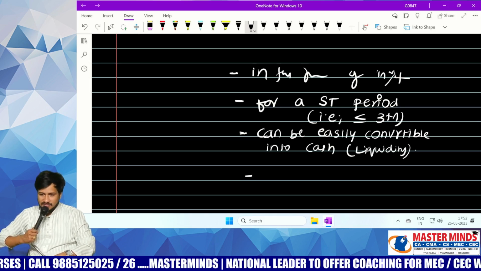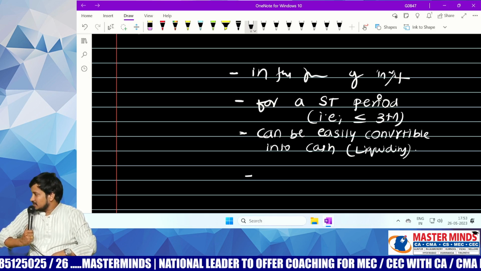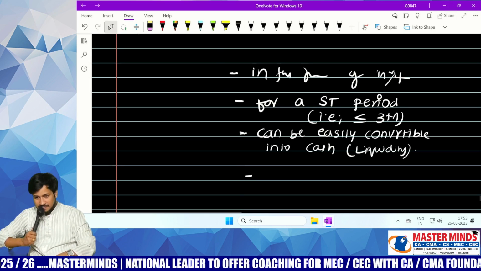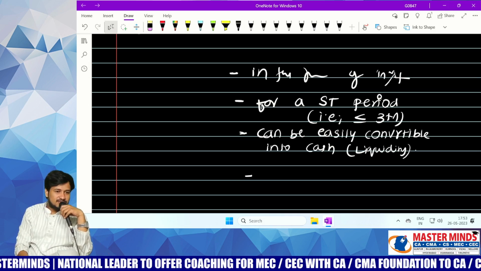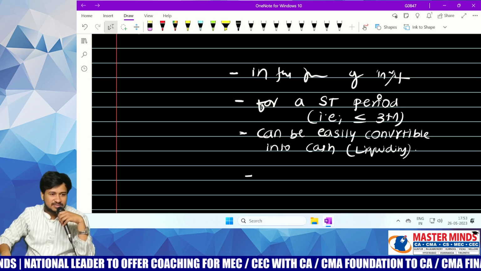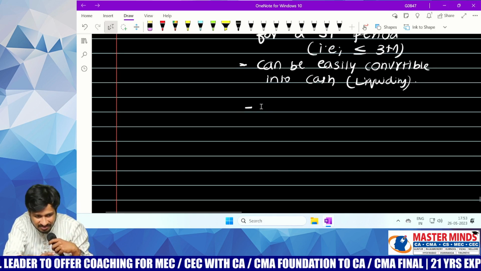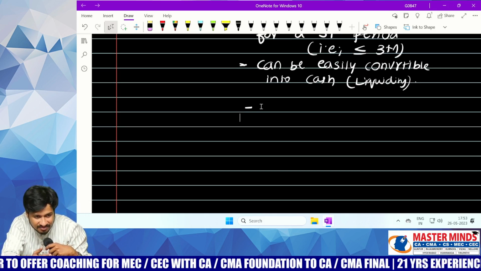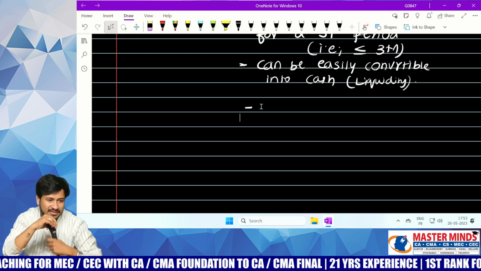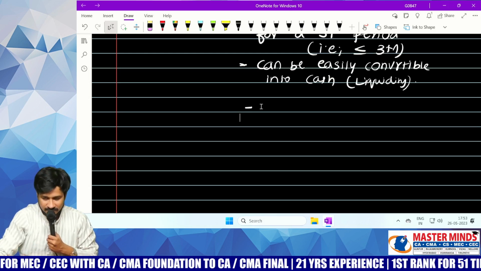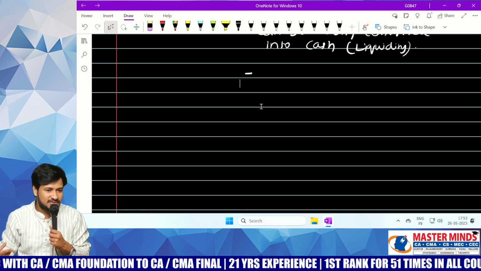Within brackets, investments like treasury bills, commercial papers, certificates of deposit, etc. You can write any 2: commercial paper, certificate of deposits, treasury bills, etc.